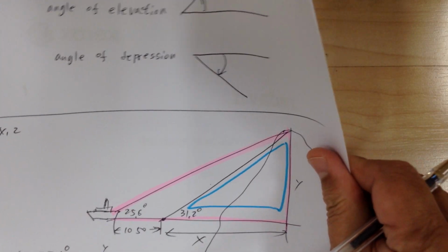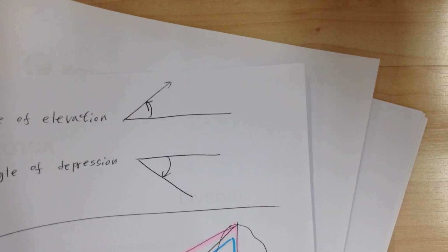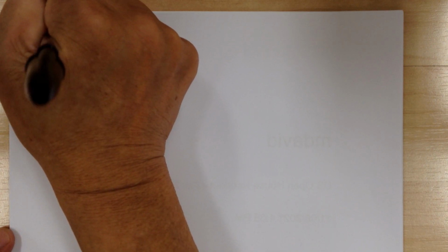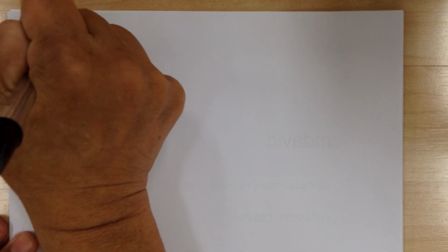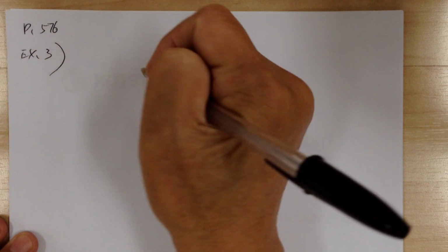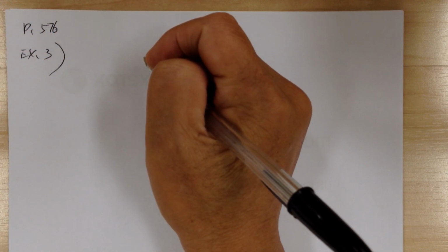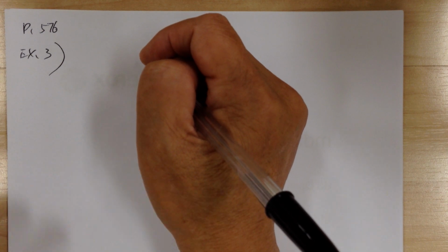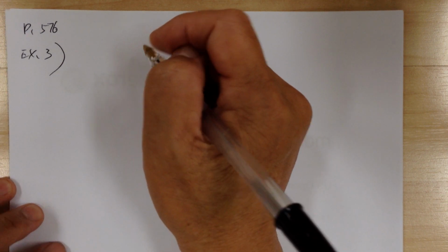Okay, let's go to the next one. Example 3. It says solve the isosceles triangle ABC if A equals 31.0 and C equals 42.5.